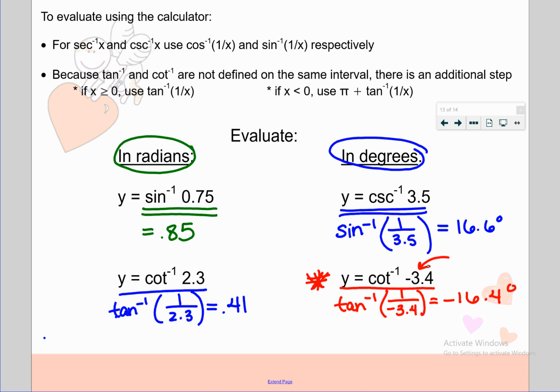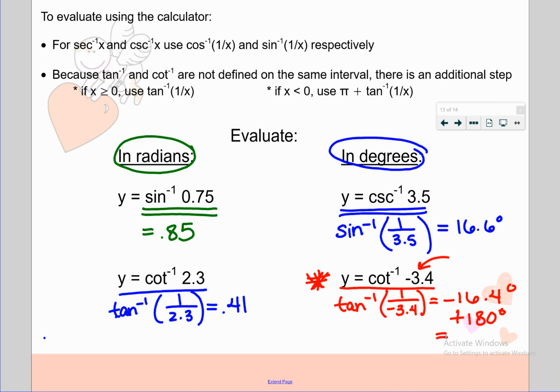Okay, so again, only if it's cotangent, because those are the only ones that are weird, and only if it's a negative number. Here's how we adjust our answer. All you have to do is take this angle and move it from quadrant 4 to quadrant 2, which are on opposite sides of your quadrants, right? Down here and up here. It's just a 180-degree rotation. So if it's degrees, you're going to add 180.